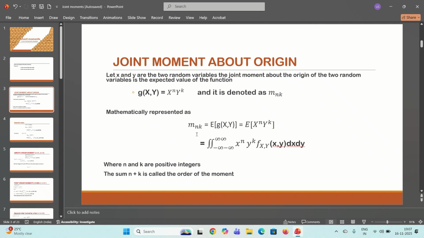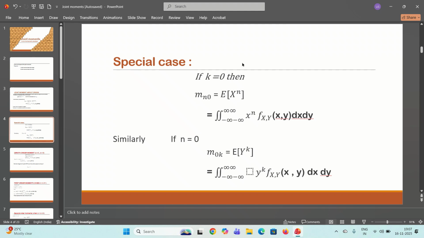The sum of n plus k is called the order of the moment. Let us see the special cases of the order of the moments. First of all, we take k equals 0, then m_n0 equals expectation of x power n.